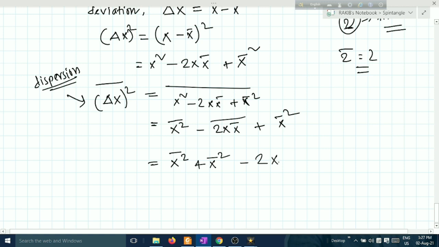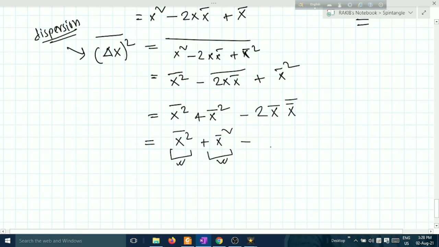Here I can give the bar here and the bar here. x square bar plus x bar squared minus... See this carefully: the first term is x square bar, the second term is x bar squared. Do not make a mistake in calculating this.